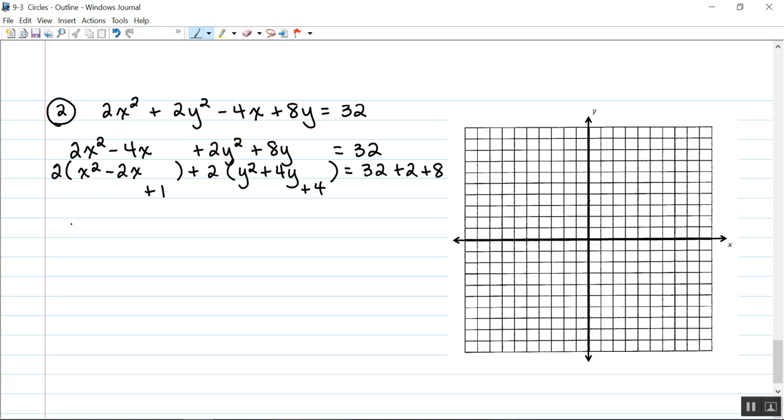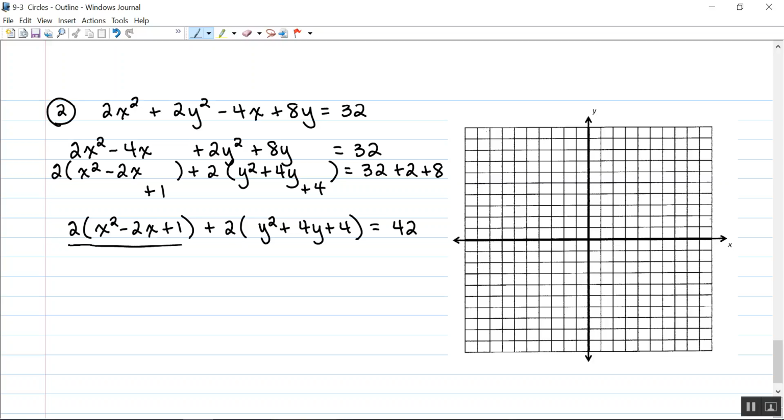So let's go ahead and factor this: 2 times (x squared minus 2x plus 1) plus 2 times (y squared plus 4y plus 4) equals, that's going to give me 42. And I see the problem here. I really don't want those 2's to be there, so I'm going to divide everything by 2.